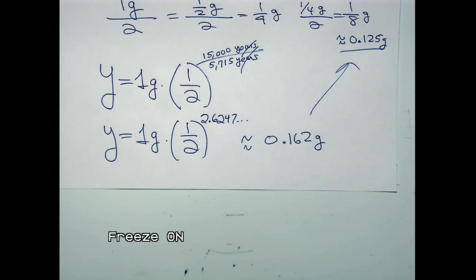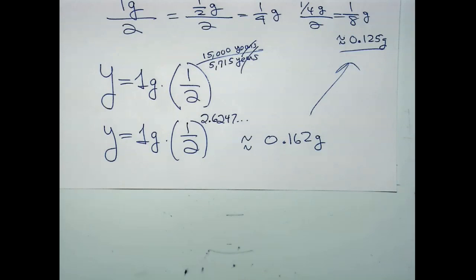We only allowed 2 and about a half. So just a quick example, it's not calculus, just a quick example of where we do use bases other than base e.